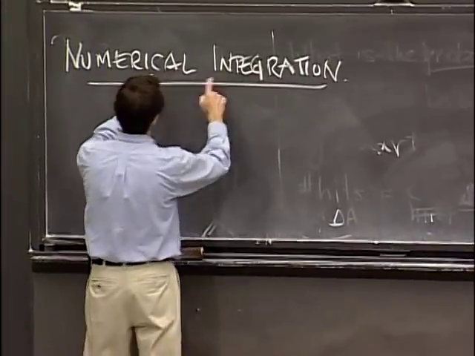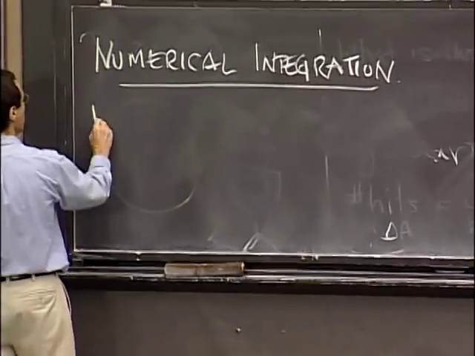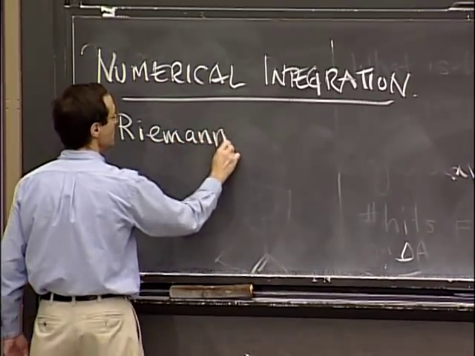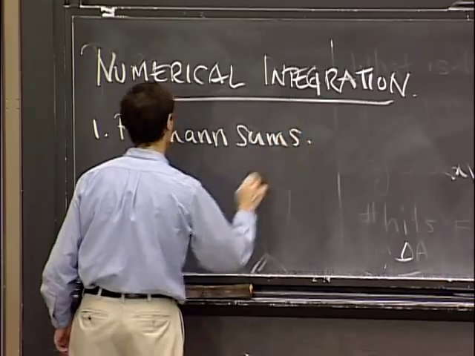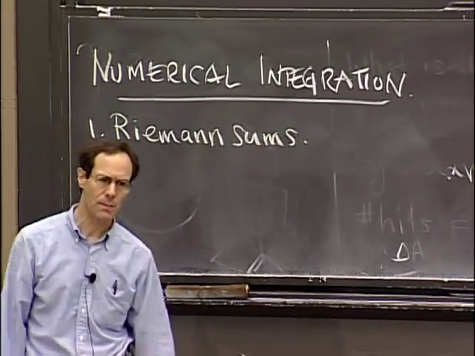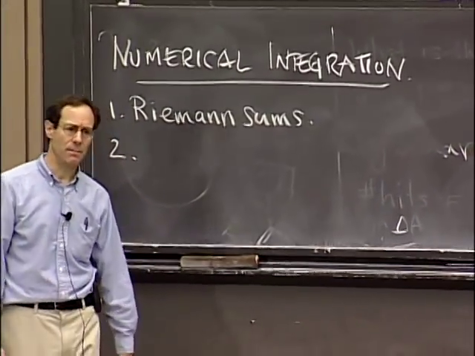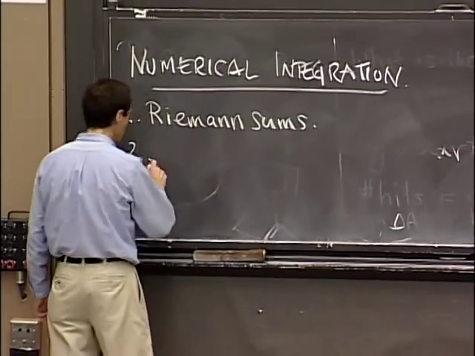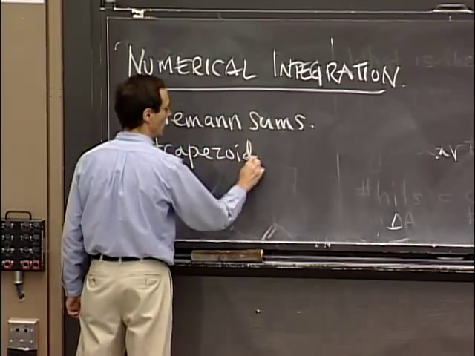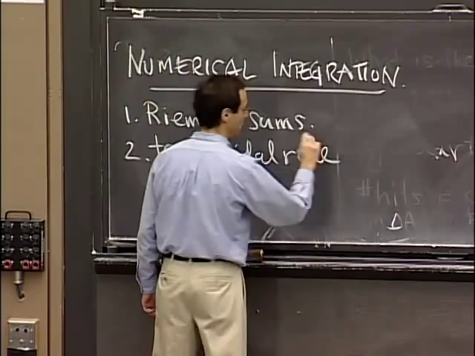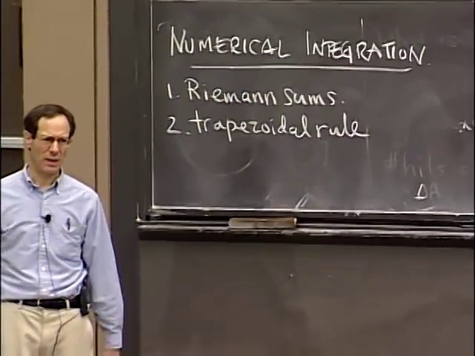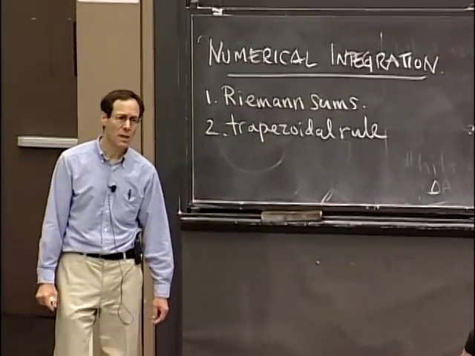So the first type that we've already done are Riemann sums. They turn out to be incredibly inefficient. They're lousy. The next rule that I'm going to describe is a little improvement. It's called the trapezoidal rule. And this one is much more reasonable than the Riemann sum.